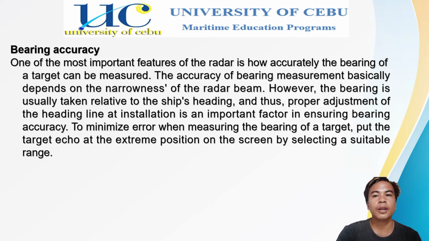However, the bearing is usually taken relative to the ship's heading, and thus proper adjustment of the heading line at installation is an important factor in ensuring bearing accuracy. To minimize error when measuring the bearing of a target, put the target echo at the extreme position on the screen by selecting a suitable range.